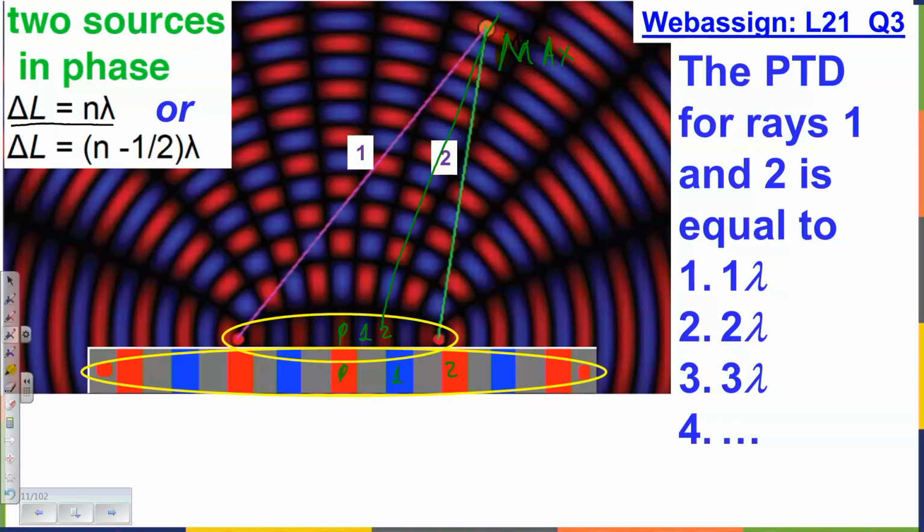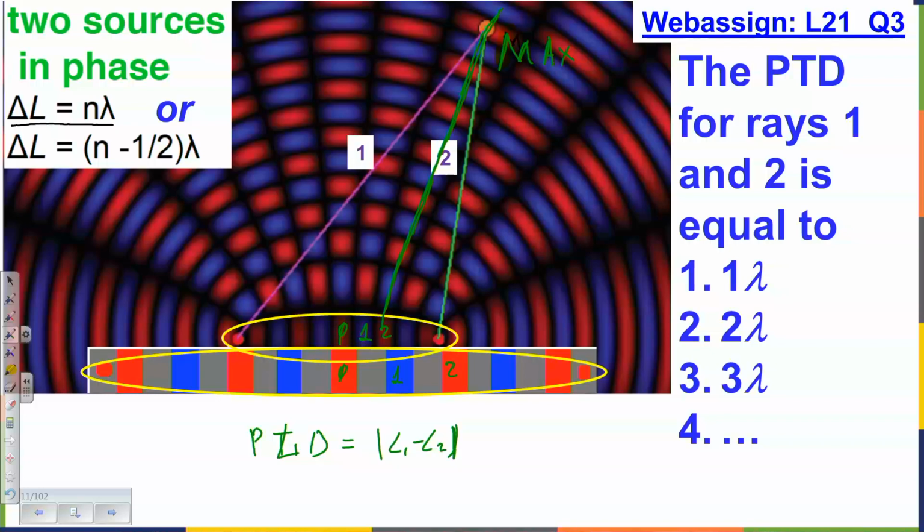Now, of course, we could repeat very briefly the same reasoning we did yesterday. We know that for all points which lie on this line, the path length difference is the same. This is basically a definition of this line, path length difference. And this is supposed to be equal to the difference L1 minus L2.